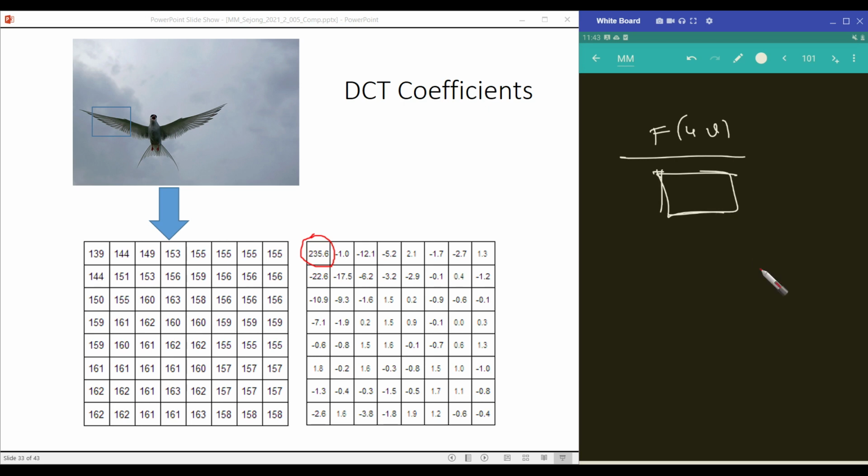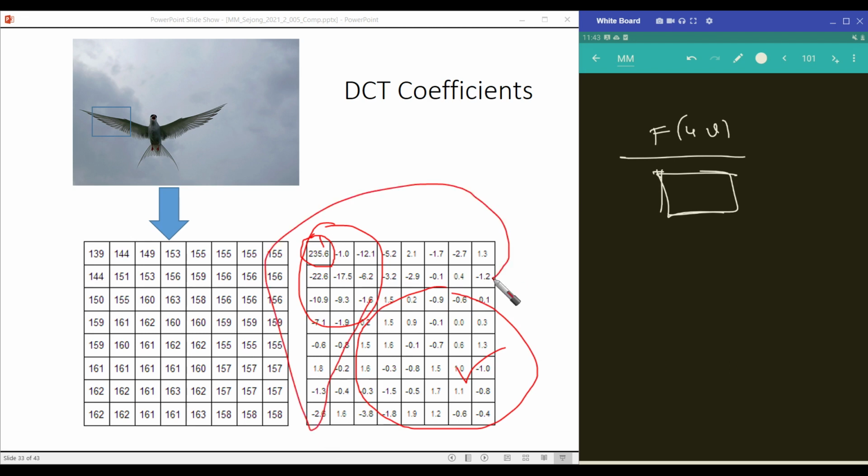The problem is we try not to hamper the low frequency content compared to the high frequency contents. In other words, we can divide these numbers by comparatively larger numbers.